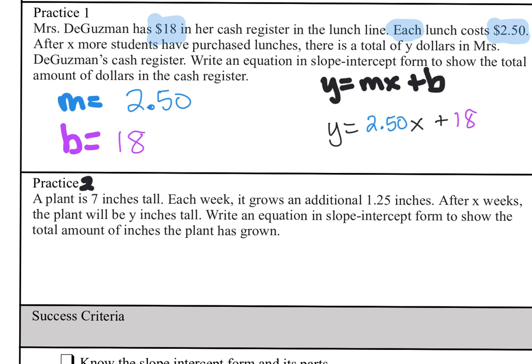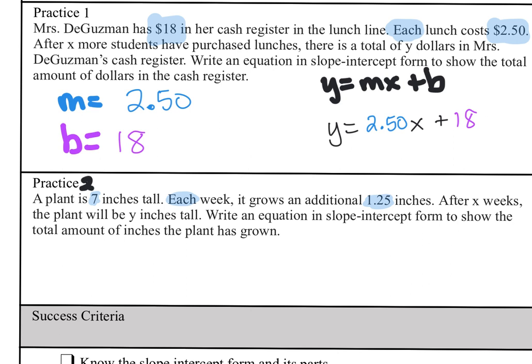A plant is 7 inches tall. Each week, there's that word each, it grows an additional 1.25 inches. After X weeks, the plant will be Y inches tall. Write an equation in slope-intercept form to show the total amount of inches the plant has grown.